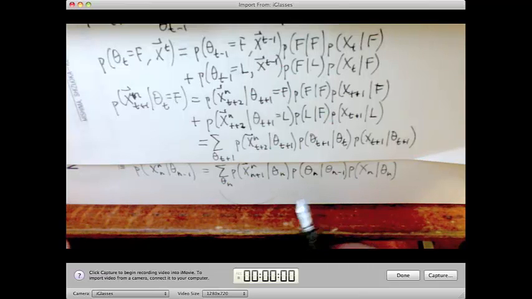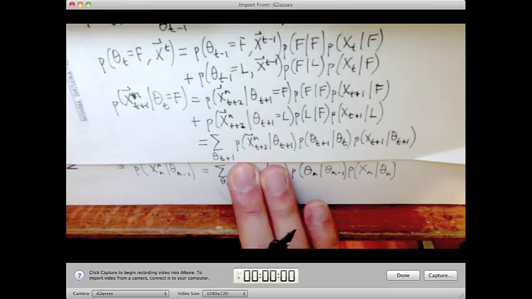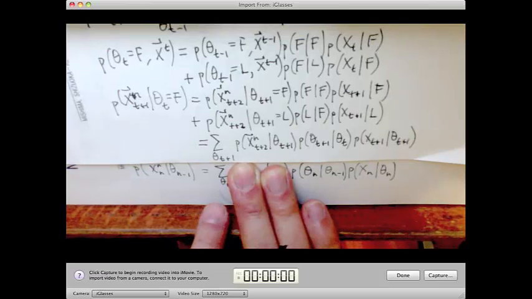And if we write for ourselves the probability of the observation xn given theta n minus 1, it's quite literally just that: the transition from theta n minus 1 to theta n, and the emission of xn given theta n, and then we're summing over theta n to get rid of theta n.